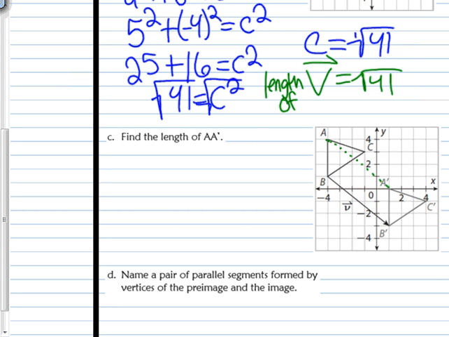And we already found the length of one vector. So therefore, the lengths of all the vectors are the exact same length. So A to A prime is going to be the same length as the vector from B to B prime. And C to C prime is going to be the exact same length as B to B prime. So that being said, we can write that vector lengths are congruent.